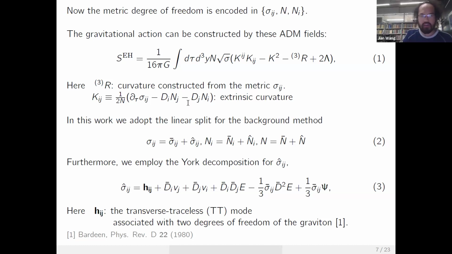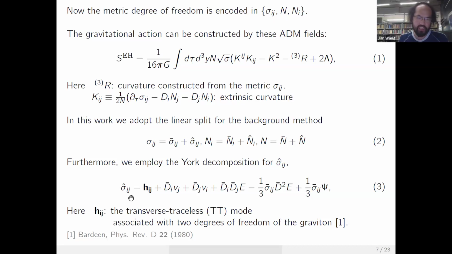In this work, we adopt the linear split for the background method, which means for the spatial metric, shift vector and lapse function, we consider linear fluctuations. Furthermore, for the spatial metric fluctuation, we employ the York decomposition. Namely, we decompose the spatial metric fluctuation into tensor modes, vector modes, and scalar modes.